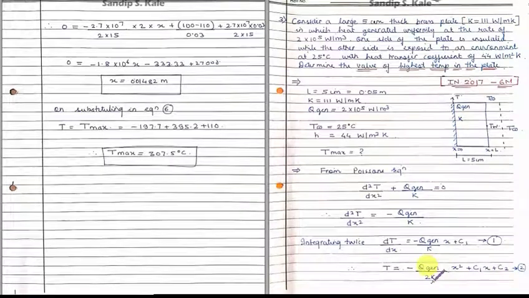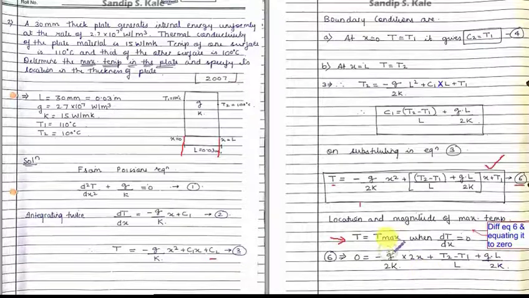Now we will put in all the values. We know the value of G, we know the value of K, and we know the values of T2 and T1. From this you will get the unknown value of x.